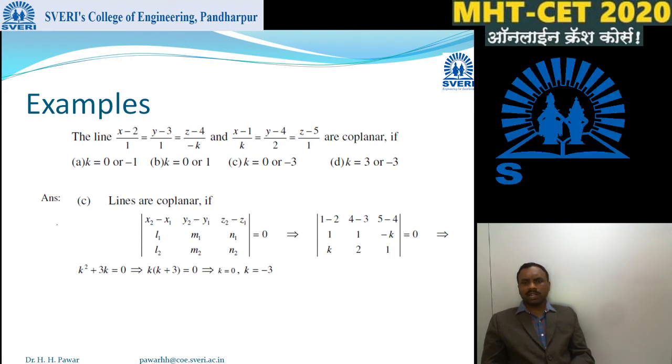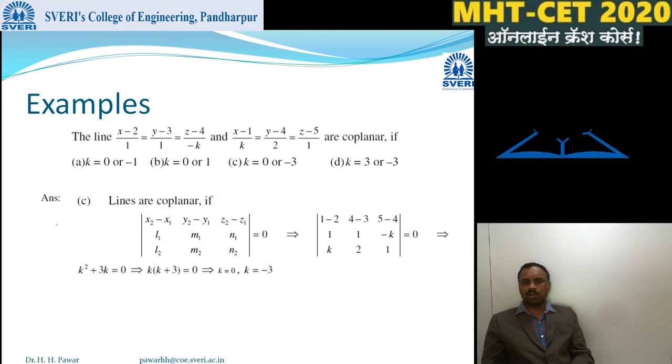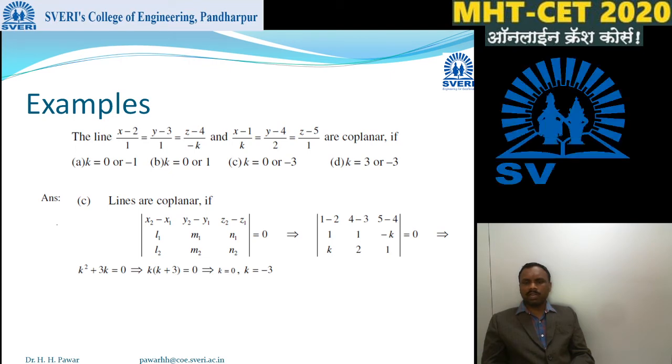Also from the second equation of line we see that the line passes through the point (1, 4, 5) and direction ratios are k, 2, 1. So put the values here in x2, x1, y2, y1, z2, z1, L1, M1, N1, L2, M2, N2. We'll get the determinant with rows 1 minus 2, 4 minus 3, 5 minus 4; 1, 1, minus k; k, 2, 1 is equal to 0.